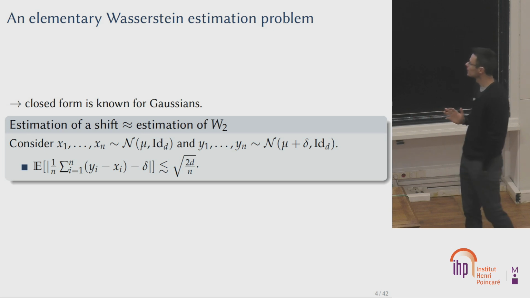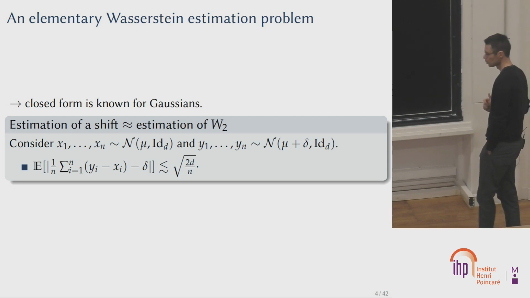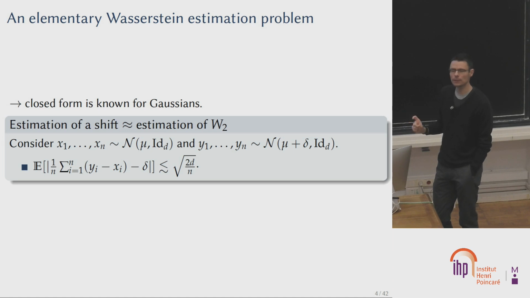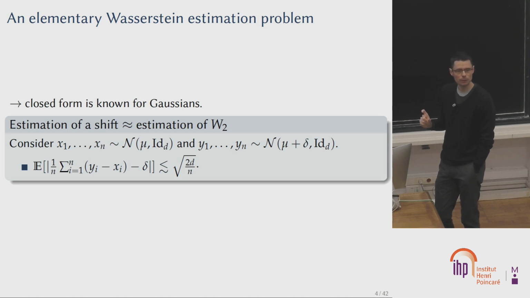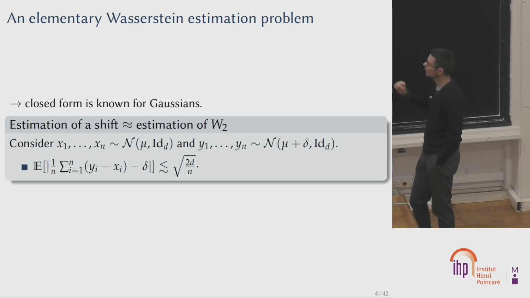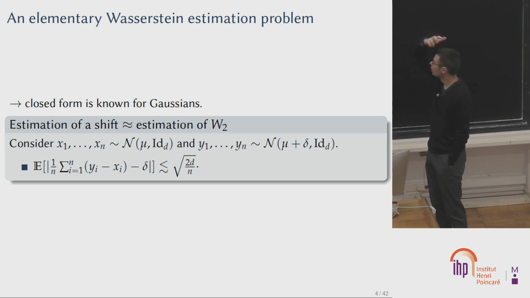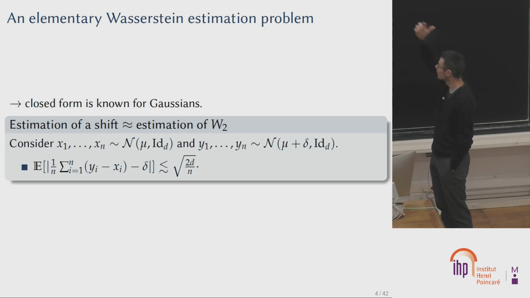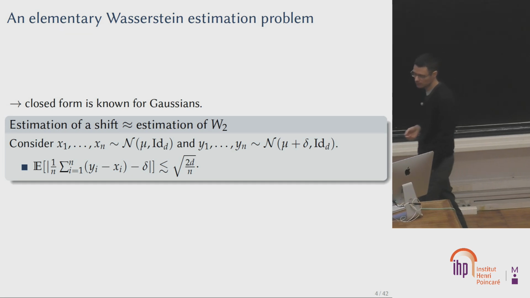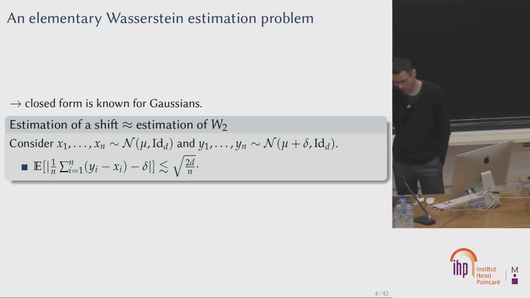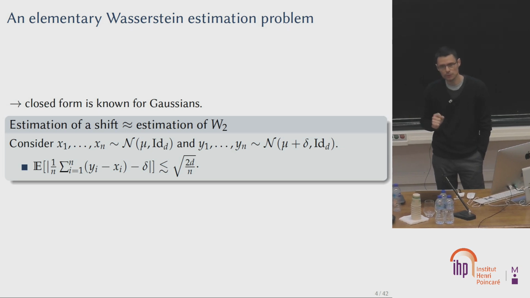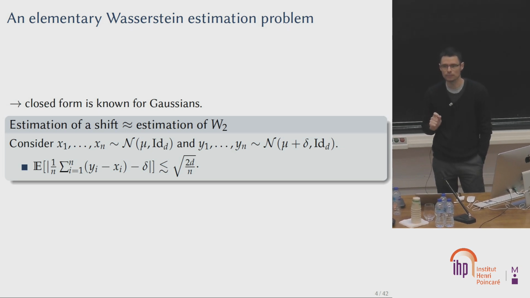So now statistics tells me that what I can do best to estimate this shift is really to compare the empirical means, okay? And if I do that, by standard statistical estimates, you have an estimation which decreases like 1 over square root n with a multiplicative factor which is square root of 2d, where d is the dimension.